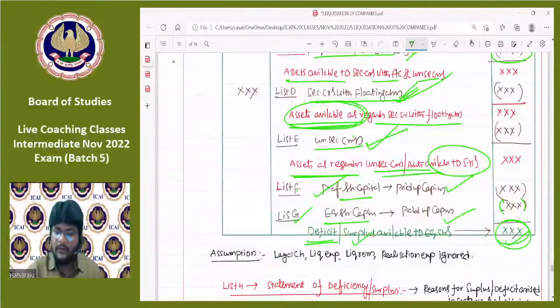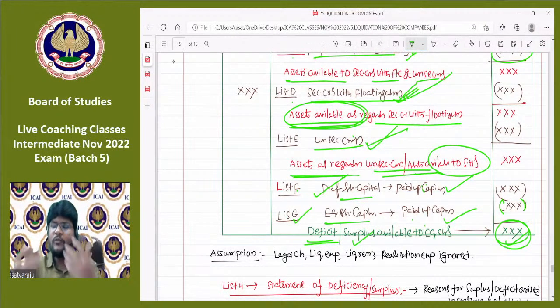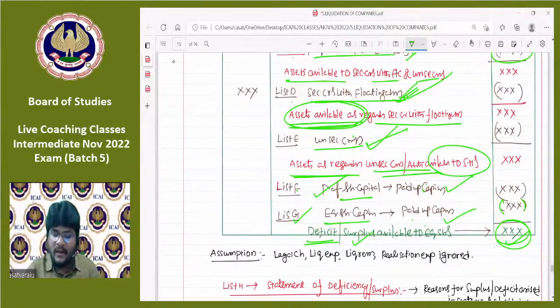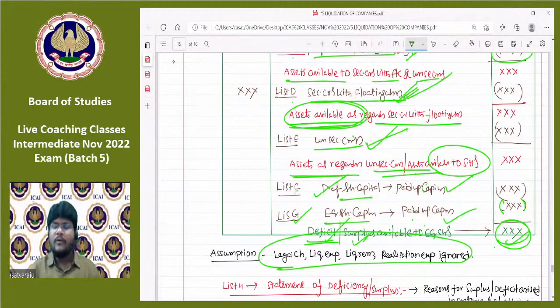Then to the extent of list G equity share capital. Sorry, not unpaid value, paid up values. To the extent of paid up value, we need to repay. Then you will know if the figure is negative, which is deficit. If the figure is positive, then you can term it as a surplus. Legal charges, liquidation expenses, liquidator remuneration, and the realization expenses are ignored throughout the statement of affairs problem. Is it okay, guys? All of you?